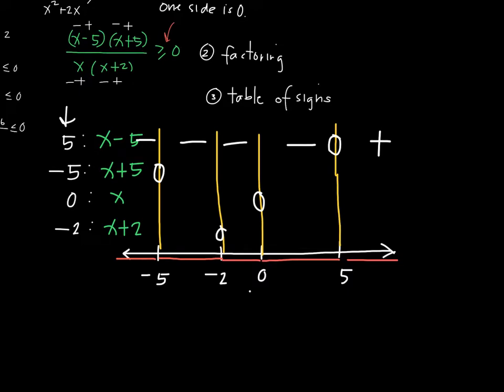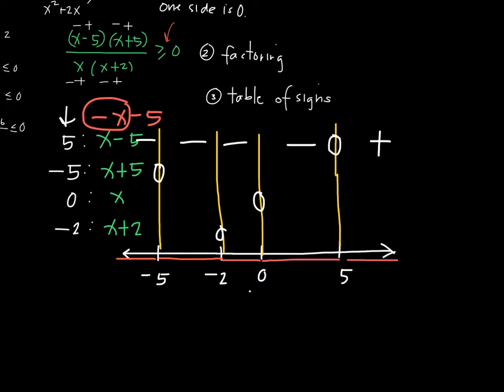Say instead of x minus 5, we are given negative x minus 5. When the coefficient of x is negative, these signs will be reversed. All the negatives will become positive, and all the positives will become negative, only when the x has a negative coefficient.